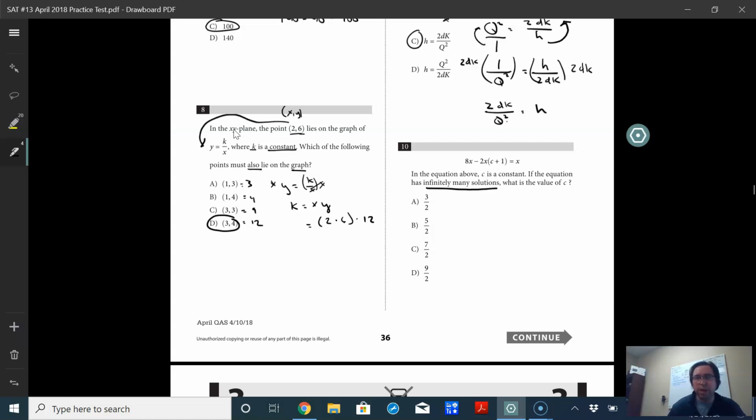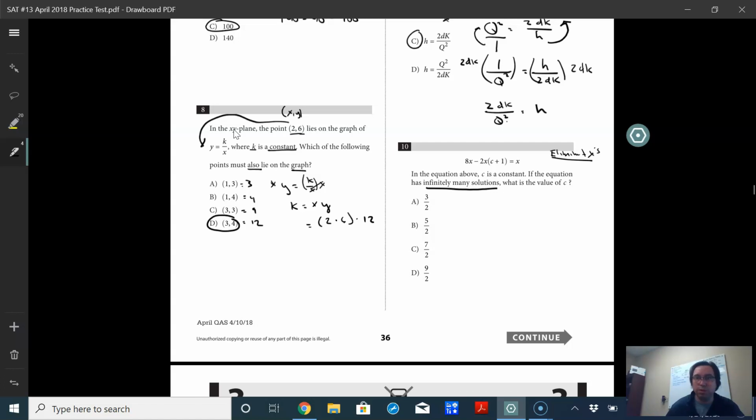Now, keep in mind, if it's infinitely many solutions, then the constant values that you end up with in the end have to agree with one another. And also, whether it's infinitely many or no solutions, the main thing is we're always trying to eliminate the x's.